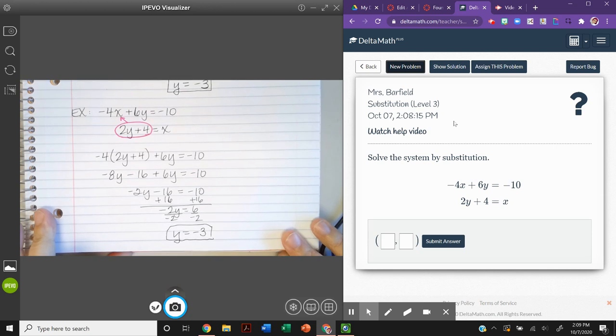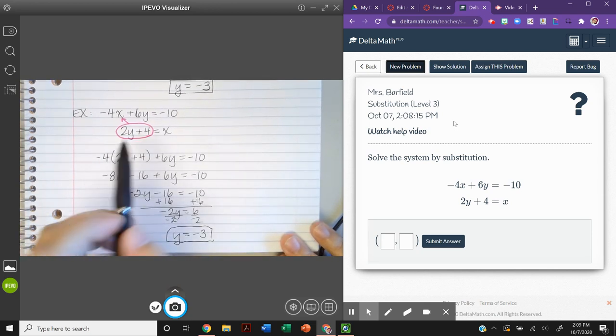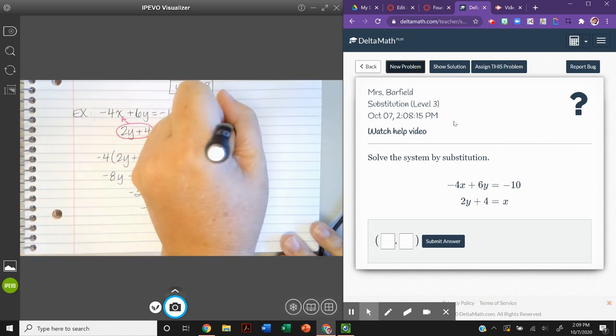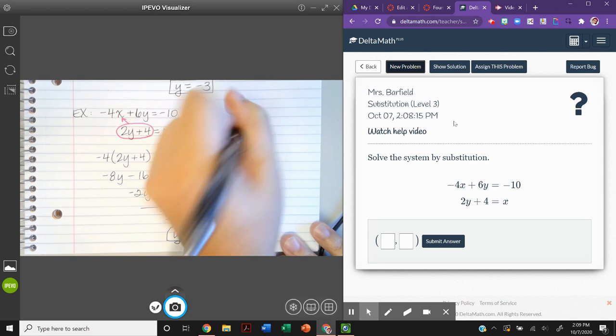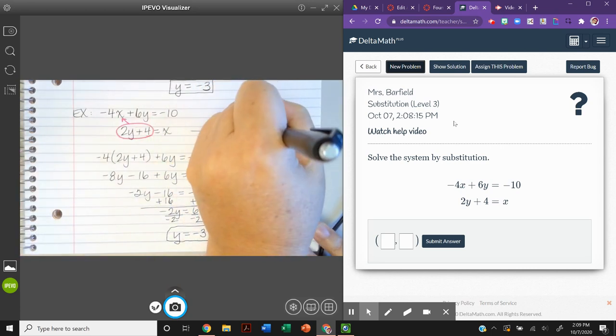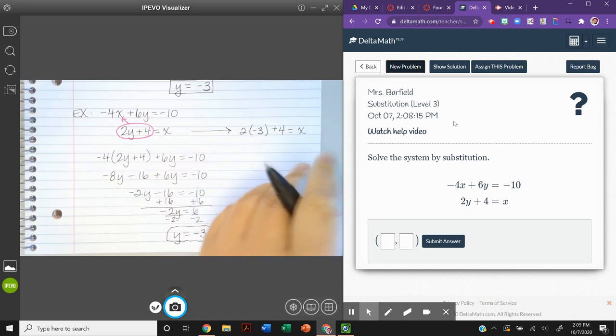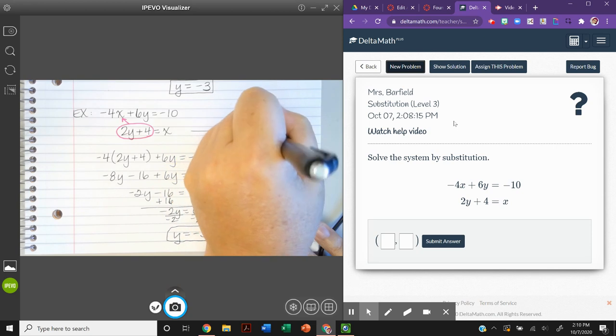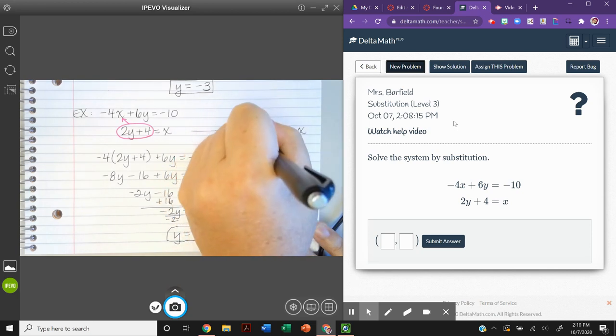Now, for me, again, it doesn't matter which one's easier. Again, this equation right here is the easier equation. So I get 2, and I'm going to replace the y with negative 3, plus 4 equals x, because I'm looking for x. 2 times negative 3 is negative 6 plus 4 equals x.